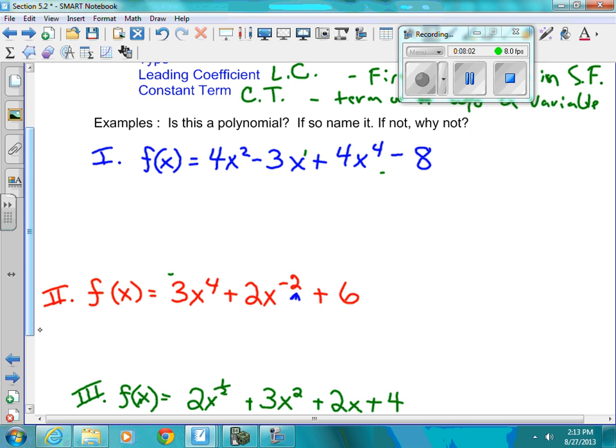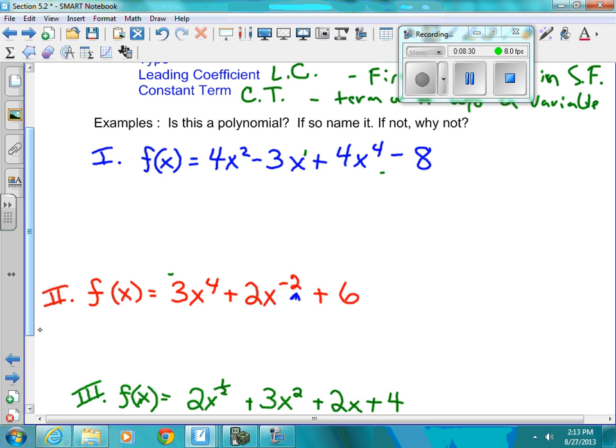f of x equals 4x squared minus 3x to the first plus 4x to the fourth minus 8. Is it a polynomial? Well, it's a polynomial because I have all positive integer exponents, so counting numbers, 0 and above. No decimals, no fractions, no irrational exponents.